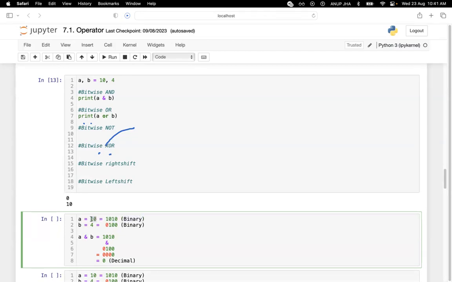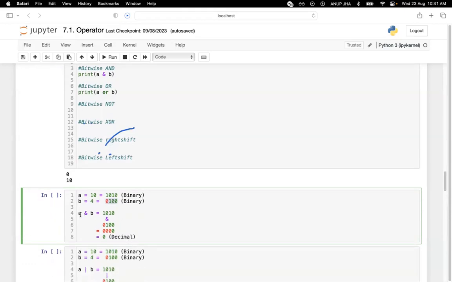It means this 10 is equivalent to this value, which is understandable by the computer, because it only understands values in the form of 0 and 1. And I have assigned B is equal to 4, and this value is equivalent to 0100.